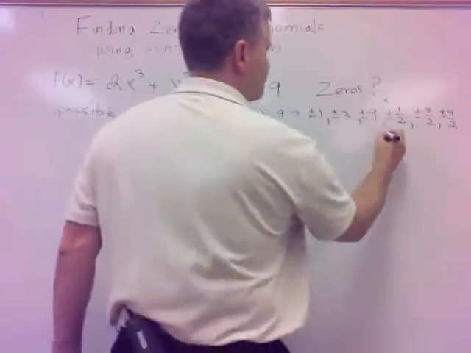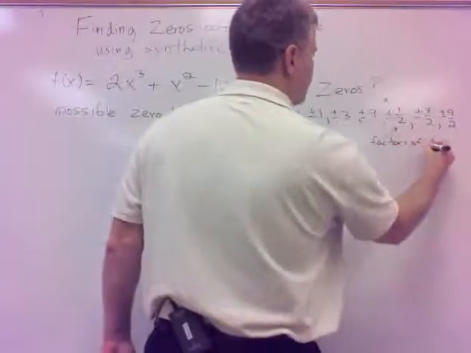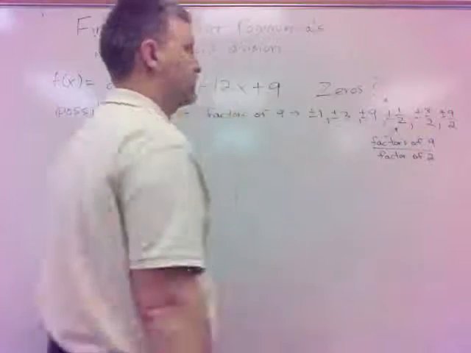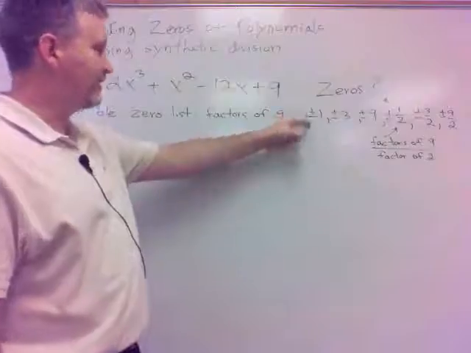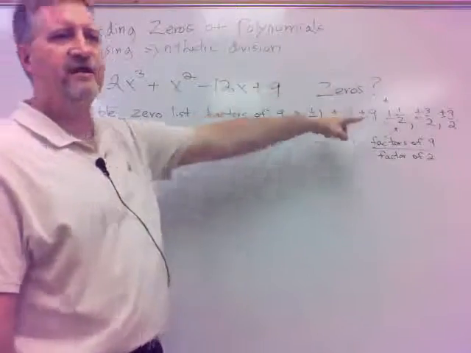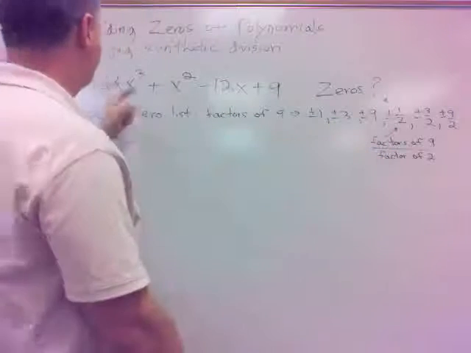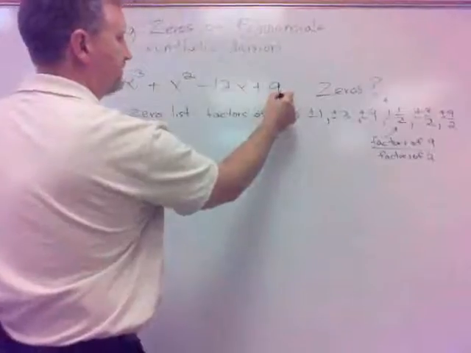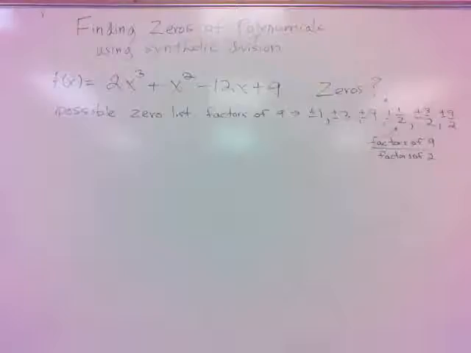So this is factors of 9 divided by factors of 2. Which I guess really this is 2, but usually, my point is, usually you can get by with just doing the factors of this. But to make the full list that they may want you to make, you also have to divide by the factors of 2, which is the last number on top, and then factors of the first number on the bottom. Okay. So we'll see that has all of the factors that we'll get.